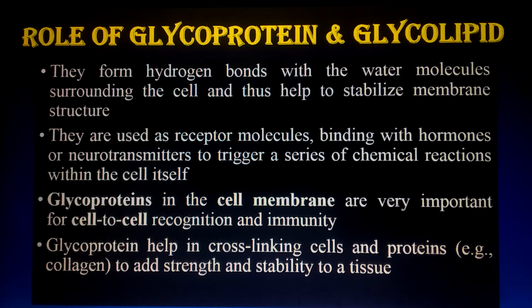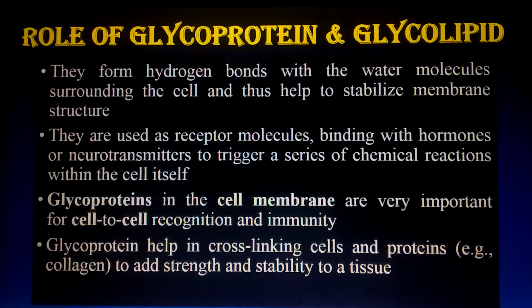You know that the cell membrane's inner leaflet and outer leaflet are surrounded by an aqueous compartment, and thus they help to stabilize the membrane structure. Like cholesterol and phospholipids, glycoproteins and glycolipids help in the stability of the cell membrane.